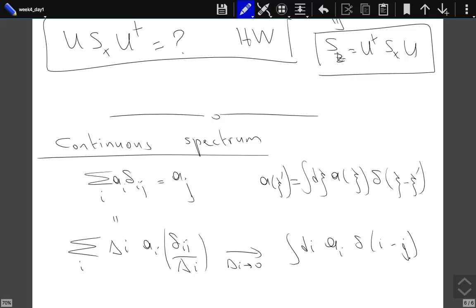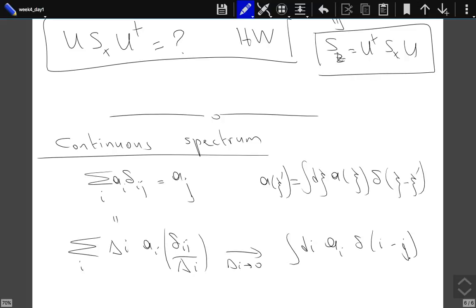If I am talking about the same eigenvalue or eigenkets, if I and j are equal, this is just 1. So 1 over delta I goes to 0, so it becomes infinite. So in that limit, this quantity is 0 if I'm talking about different kets, and infinite if I'm talking about the same ket, same I and j.